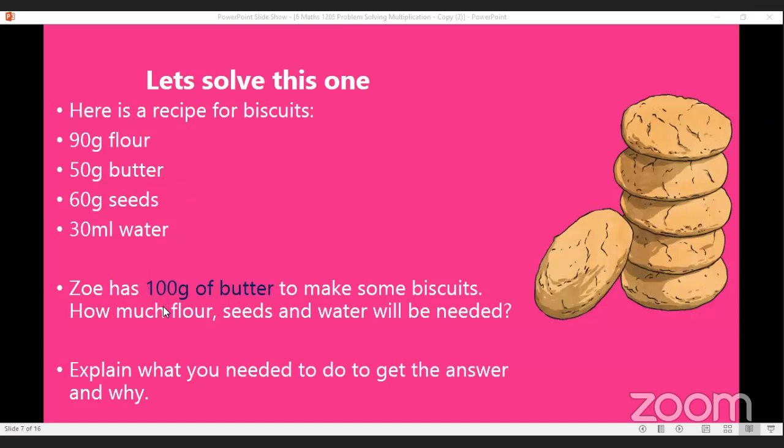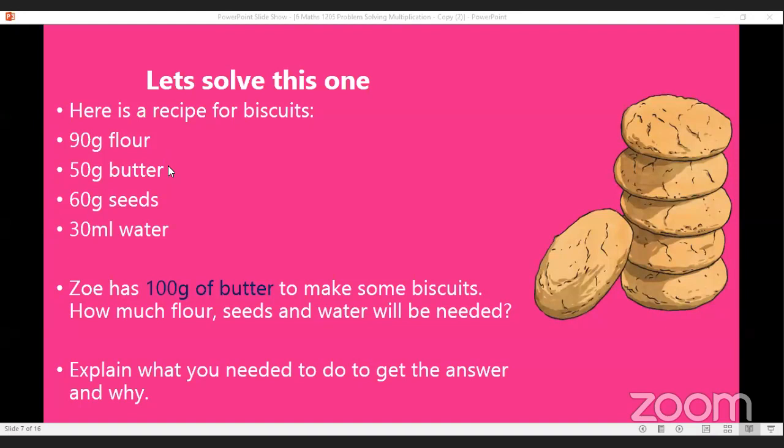And Zoe has 100 grams of butter. So how much flour is Zoe going to need to make it 100 grams? They're going to need 10 grams more.